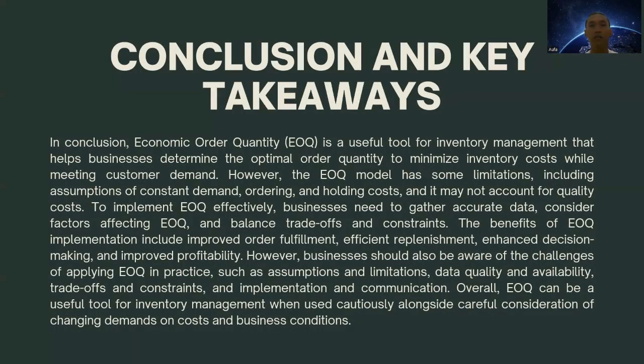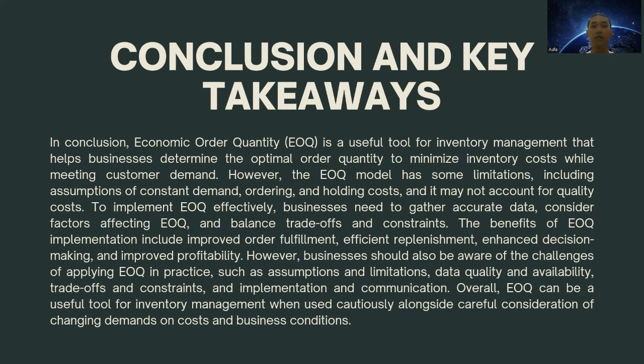Next slide, conclusion and key takeaways. In conclusion, economic order quantity or EOQ is a useful tool for inventory management that helps businesses determine the optimal order quantity to minimize inventory costs while meeting customer demand.